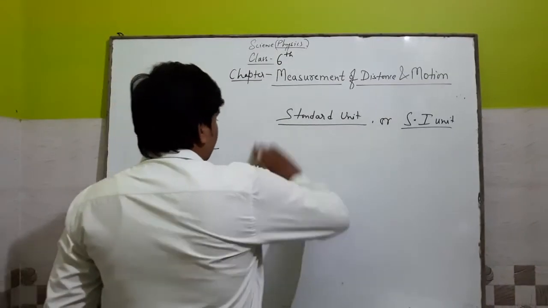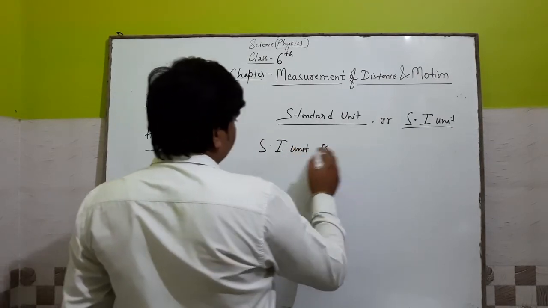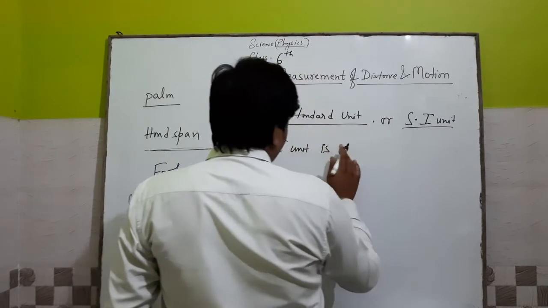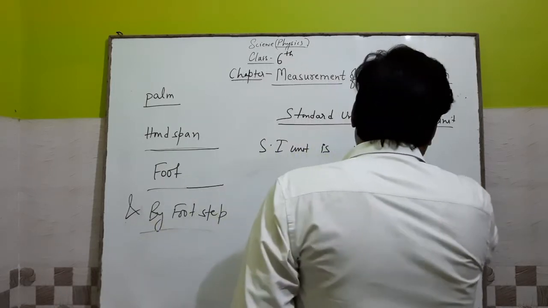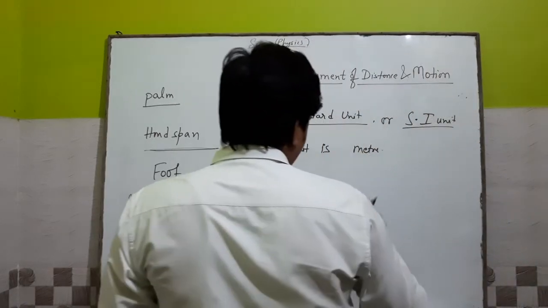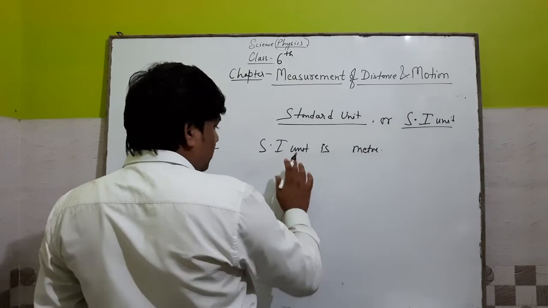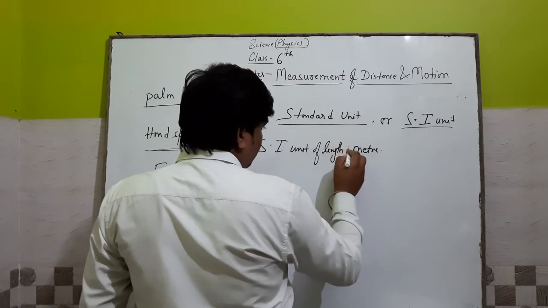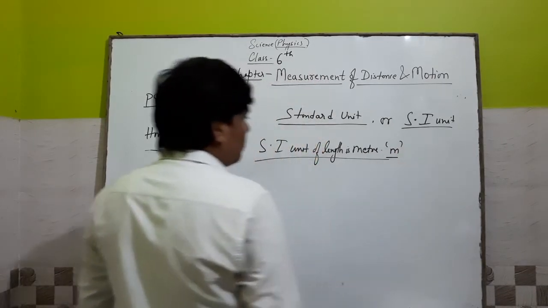SI unit is meter. Okay, SI unit of length is meter, and the symbol of meter is small m.